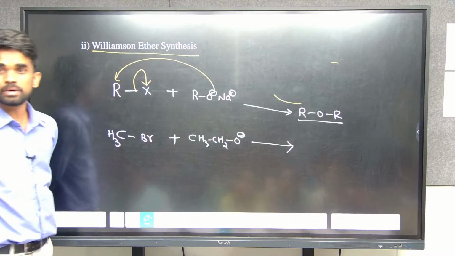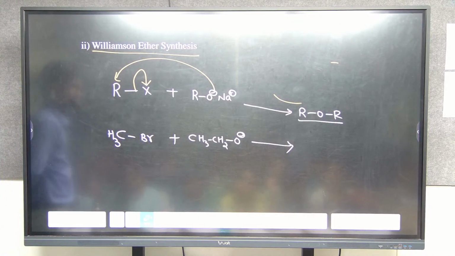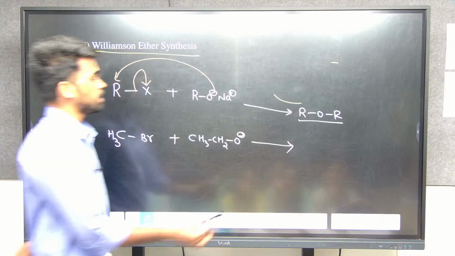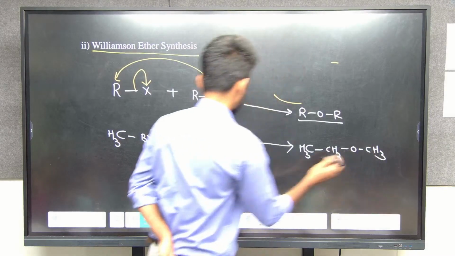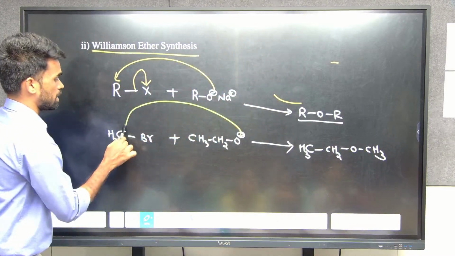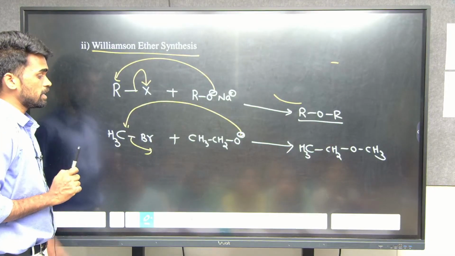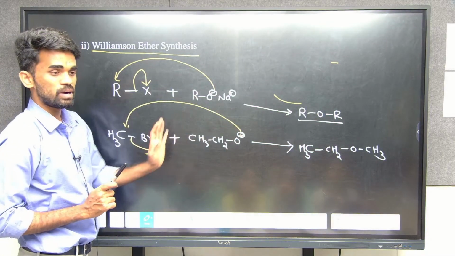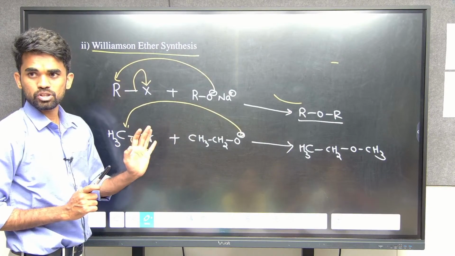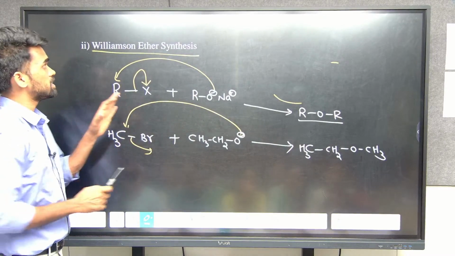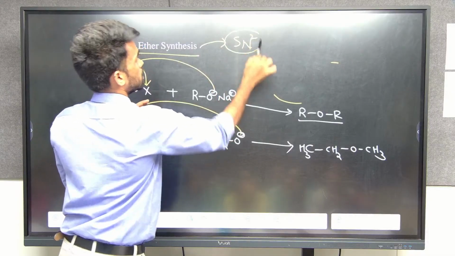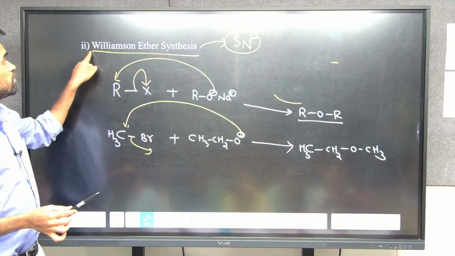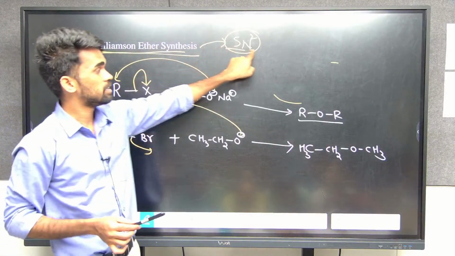What will be the product formed? CH3CH2OCH3. Simple, this will attack here and the halide goes out. One nucleophile is substituted by another, so what is this? Nucleophilic substitution. Again, this is an example of an SN2 reaction. The mechanism followed in Williamson ether synthesis is SN2.